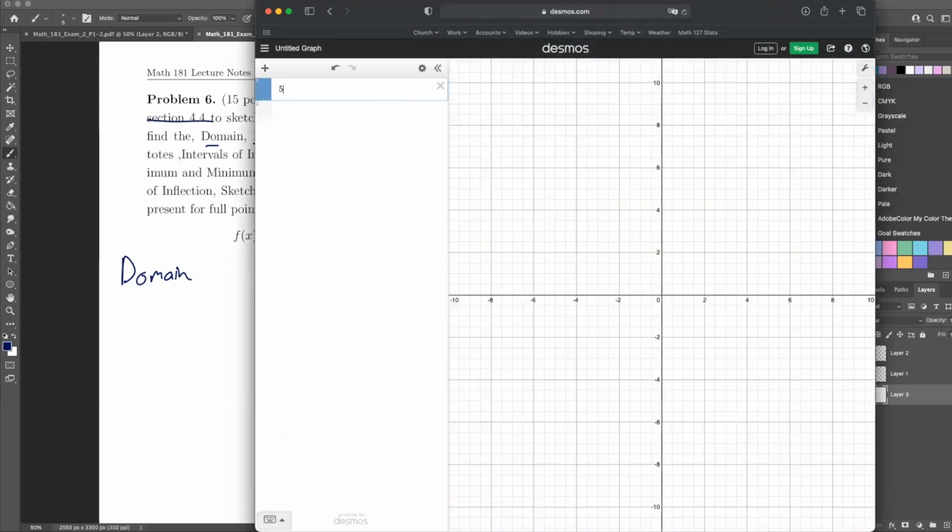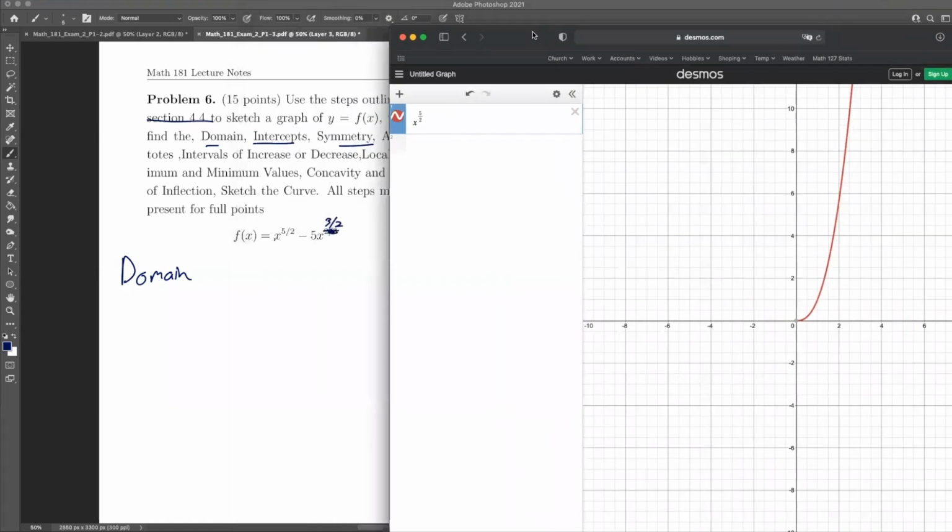All right, so we have x raised to the 5 power, and then minus 5x raised to the 3 half power.